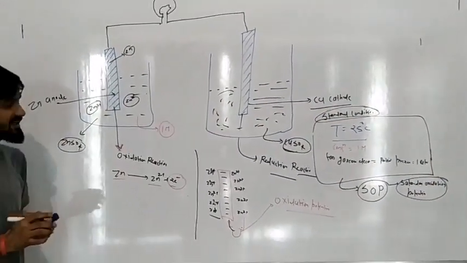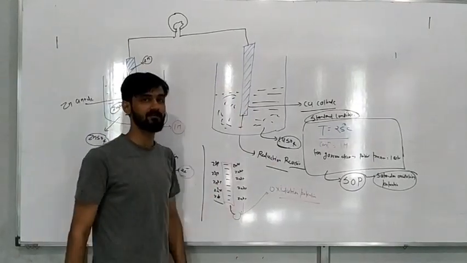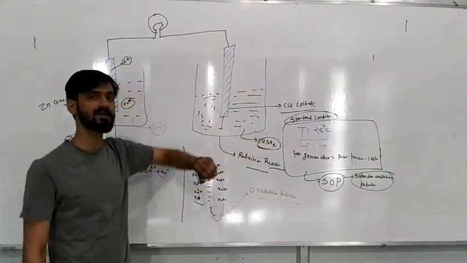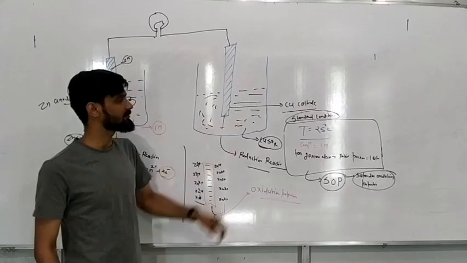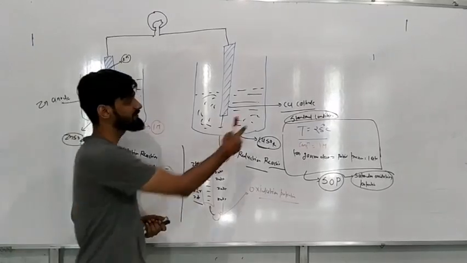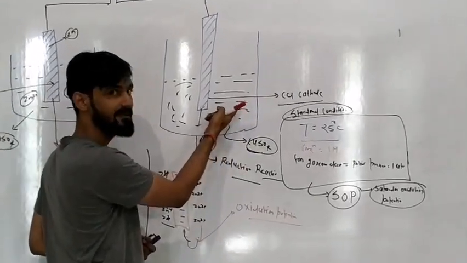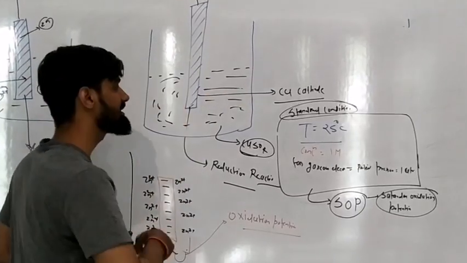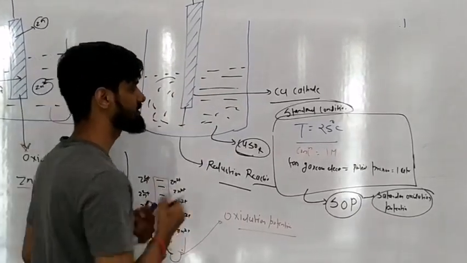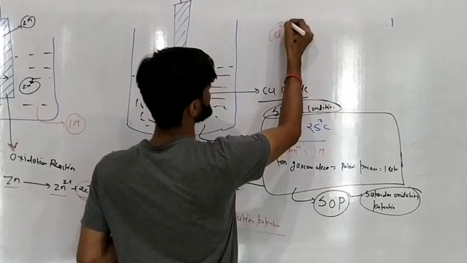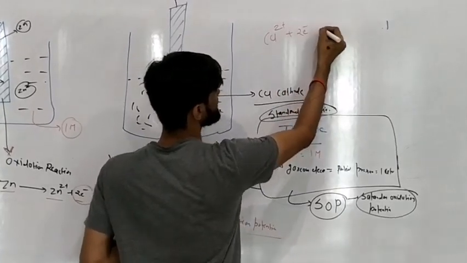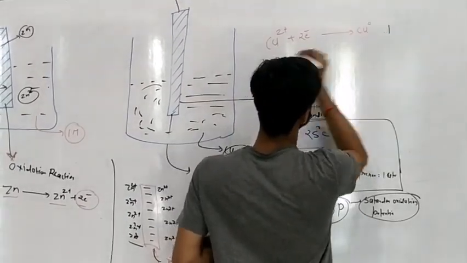My dear students, the same thing happens in the cathodic compartment, the second half compartment of the electrolytic cell. In the cathodic compartment, what will happen? I have already told you, copper has a tendency to go from Cu2+ to Cu, which gets deposited on the surface of the electrode. Cu2+ plus 2 electrons is converted into Cu0.